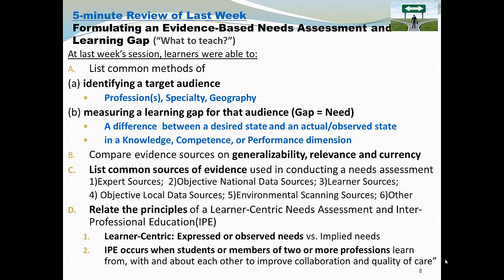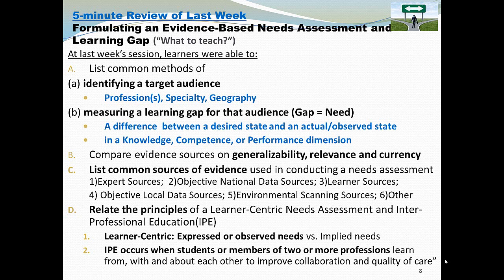We also compared evidence sources last week. Different types of evidence have different value. So we looked at the generalizability of data sources, their relevance, and how current they are.